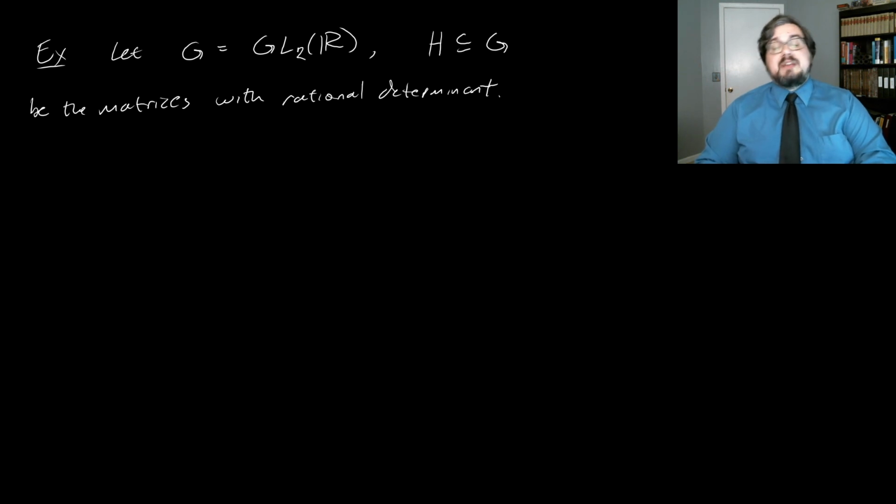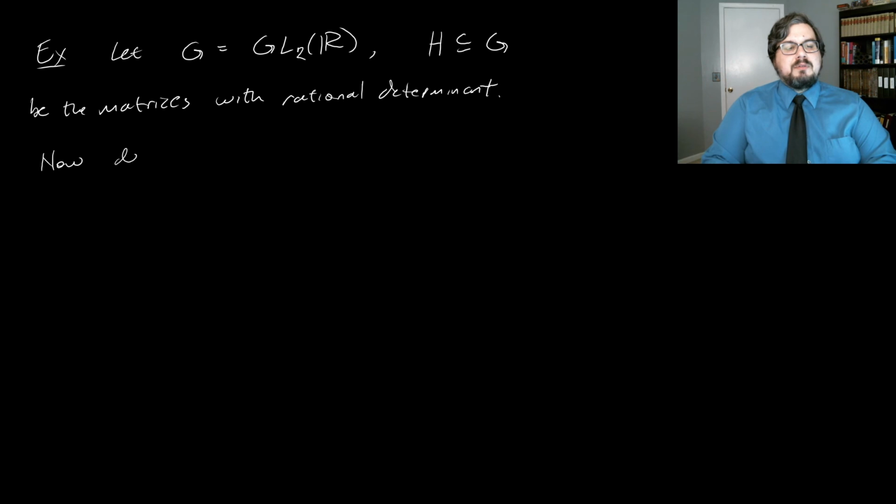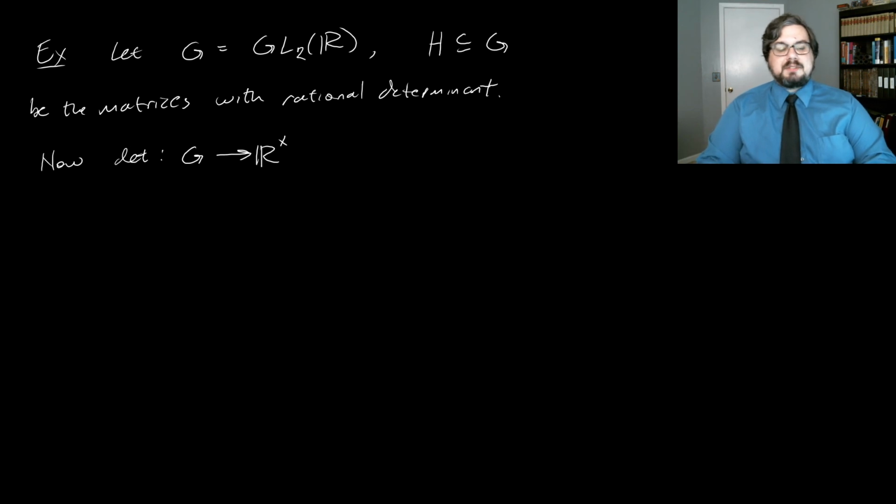And we're going to do that by proving that it's the preimage, rather, of a particular normal subgroup. So now we know that the determinant function from G to R cross is a homomorphism. We saw that before.